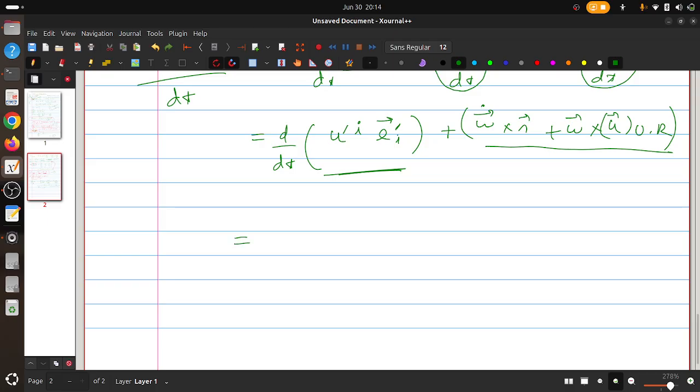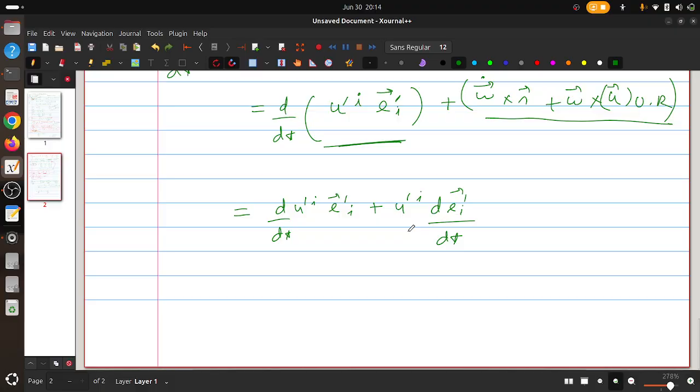So this one here would tell us that it will be d by dt of u prime I e prime, again applying the product rule, u prime I and d e I prime by dt, right? And plus let us leave everything here in a single bracket.